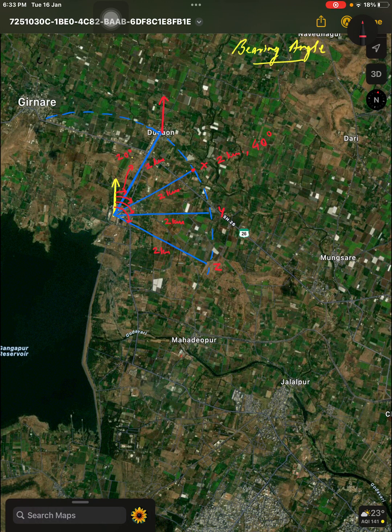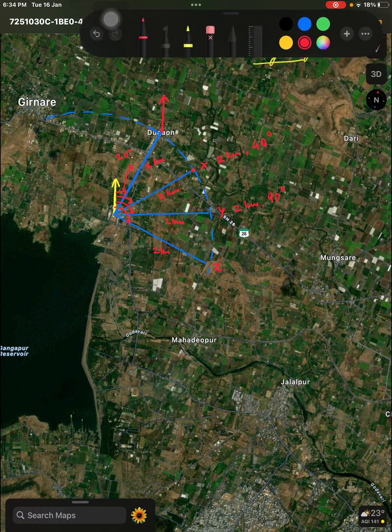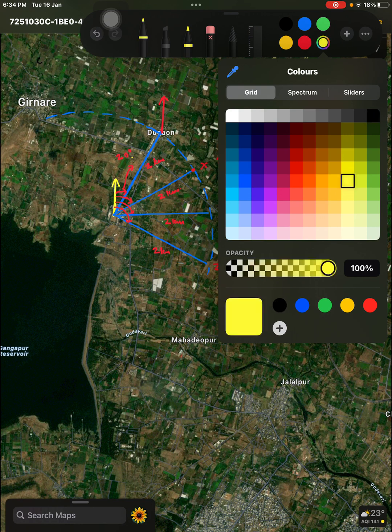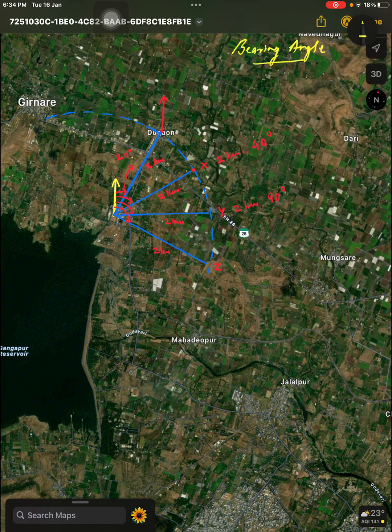Maybe Y is again at 2 kilometers from Fravashi, but at 90 degrees. Likewise, Z comes out a little bit more than that, at 2 kilometers, but at around 120 degrees, and so on and so forth. We can go the entire way.